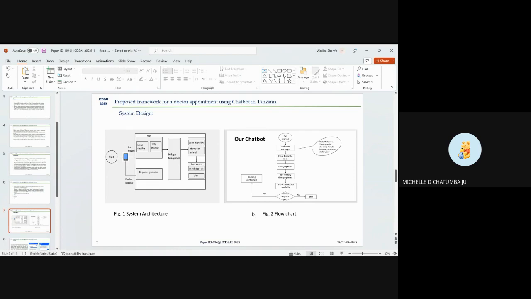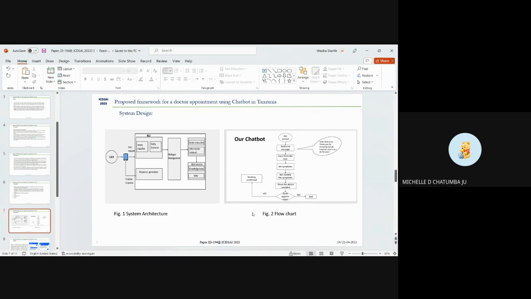After that, it goes to dialogue management, which manages the flow of conversation between the user and the bot. Then it goes to action execution and information retrieval, where the chatbot provides timely and accurate responses to user queries.